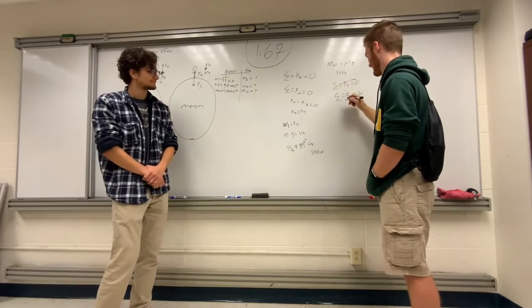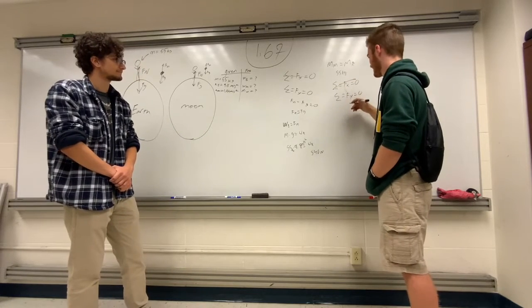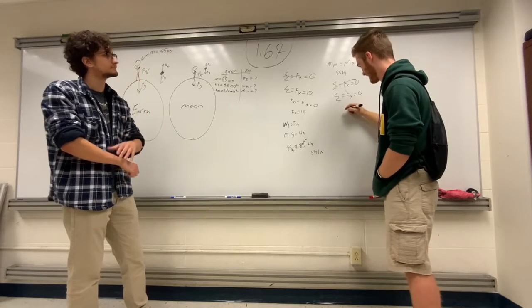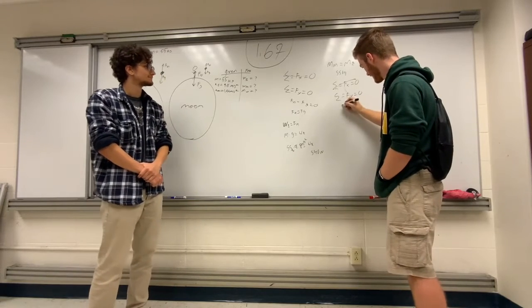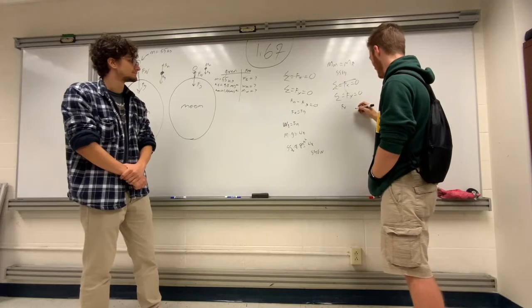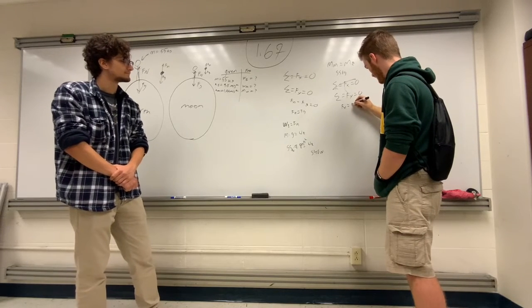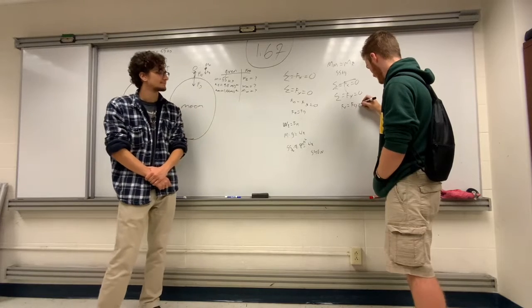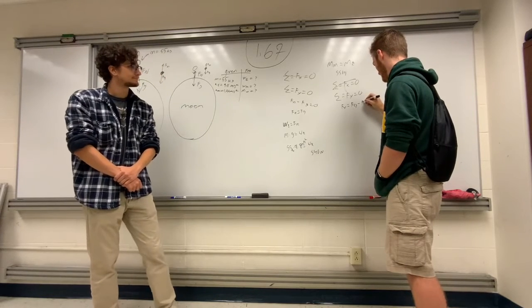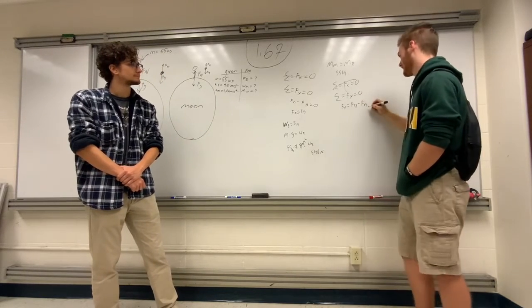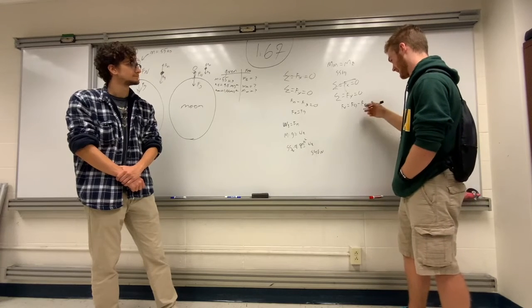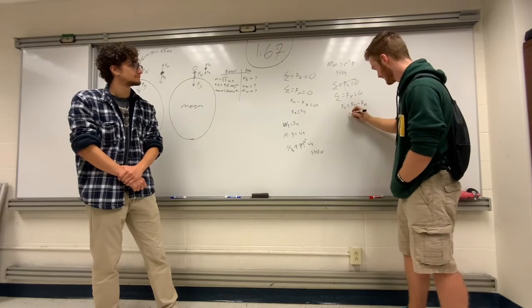In X, there's no movement or forces, so it doesn't matter. For force in the Y, we have the force of the normal minus the force of gravity, which are the same, so they equal 0.